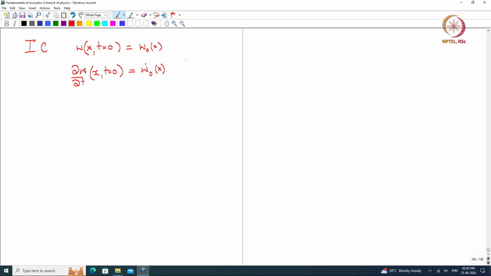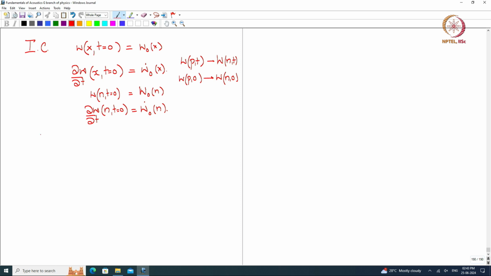Now, just as we took W of p comma t to W of n comma t, we have to take W of p comma 0 to W of n comma 0. So W of n at t equal to 0 will give a symbol W0 of n, and del W by del t for a single n at t equal to 0 is W dot 0 of n.